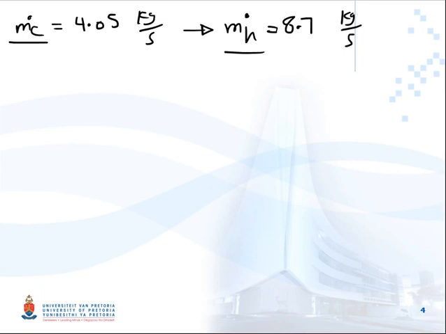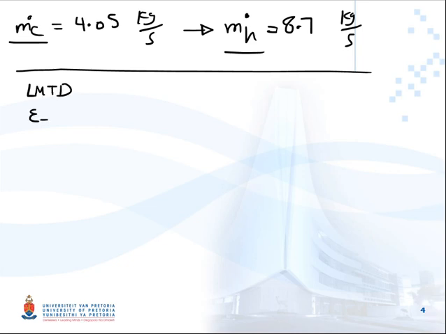By this information we said that there are two different methods of solving the questions related to heat exchangers. The first method is LMTD, and the second one is effectiveness or Epsilon-NTU.